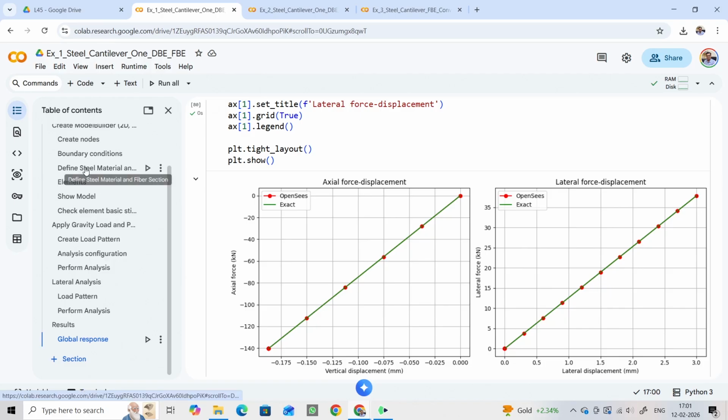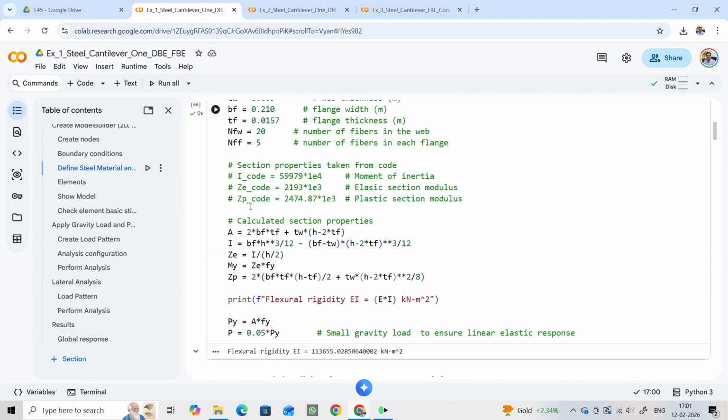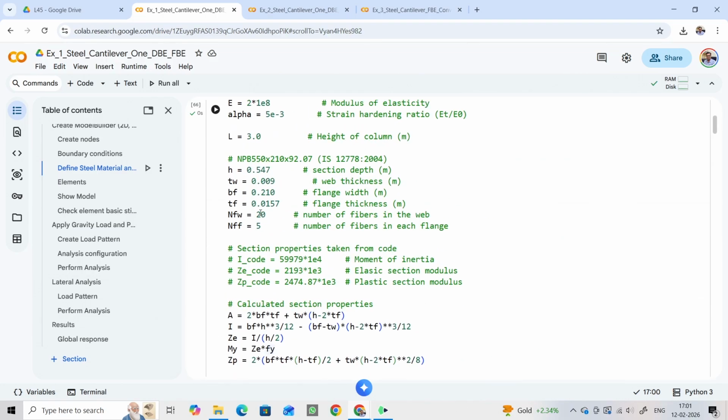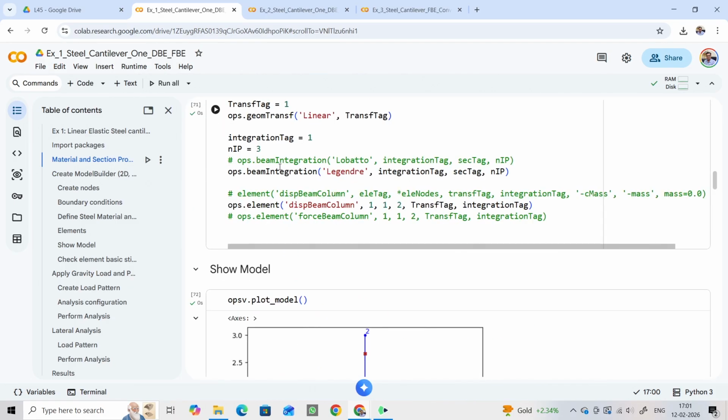Let me go back and change the number of fibers. Let us say I use 5 fibers in the web and 2 fibers in the flange, and let me change the number of integration points to 2, and this is still beam Legendre and displacement beam column.